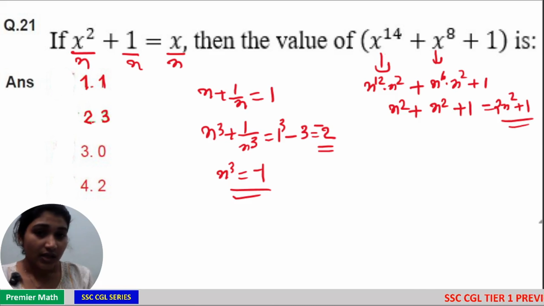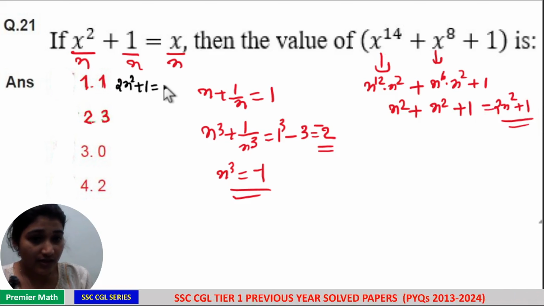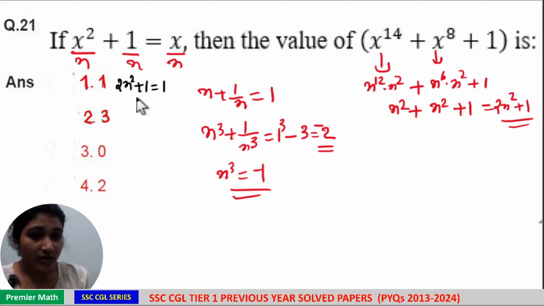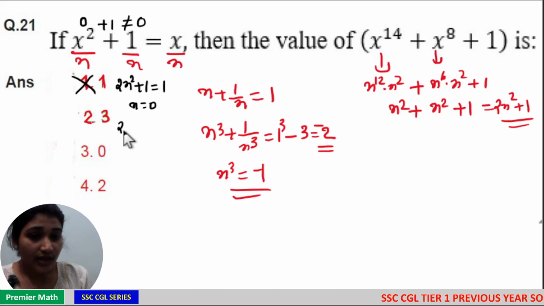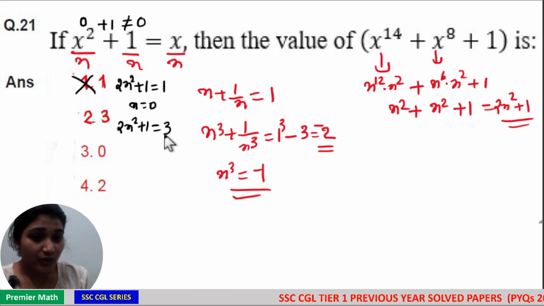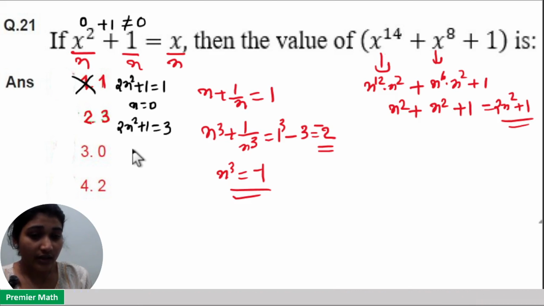But if you verify this 2x square plus 1 with each of the options, 2x square plus 1 is equal to 1 means 2x square should be 0, means x should be 0. If you substitute here, 0 plus 1 is not equal to 0. Wrong answer. Now again, if 2x square plus 1 is equal to 3, then 2x square is equal to 2 and x square is equal to 1, which means x is equal to plus or minus 1.